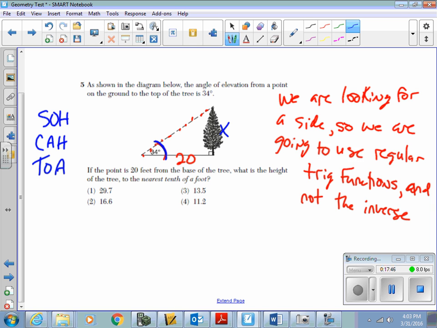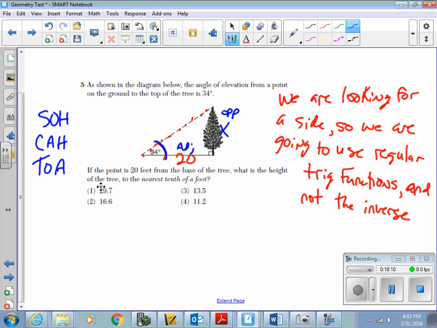Well, we have this side of 20, which based on our angle of 34 is our adjacent side, and we're looking for the opposite side. We don't know the hypotenuse and we're not looking for it, so that is not going to factor in.